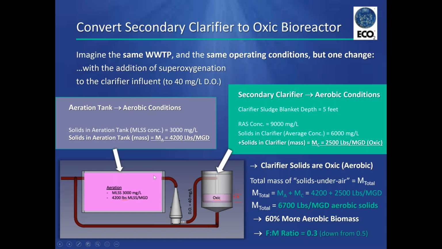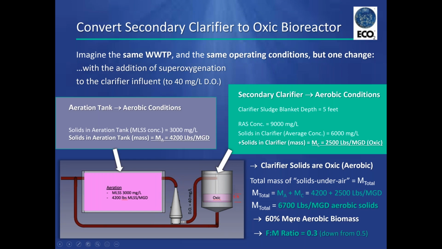We would now still have the 4,200 pounds of biomass in the aeration tank under air. But when we look at the secondary clarifier, now we see that the 2,500 pounds of solids sitting in the secondary clarifier is now oxic. So the biomass under air goes from the 4,200 here and the 2,500 here, so now we have 6,700 pounds of biomass per MGD in that plant.